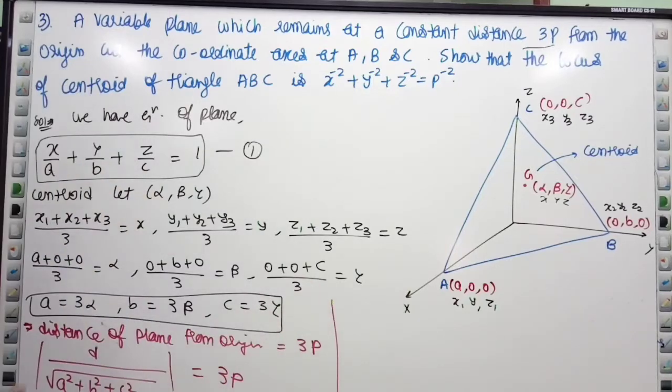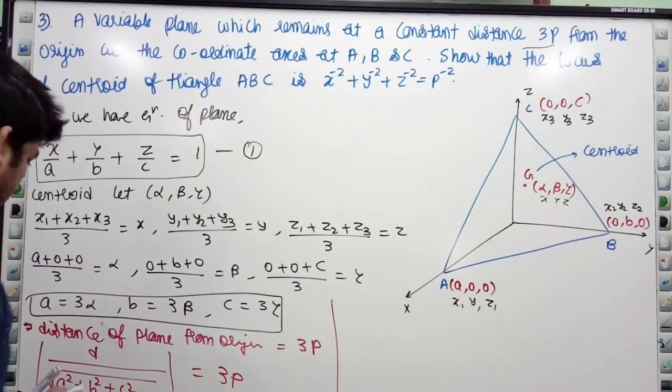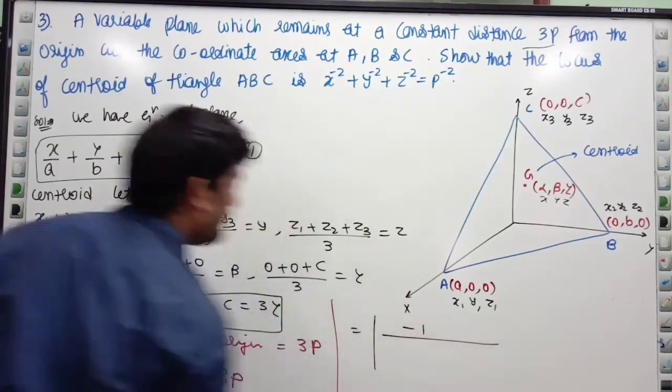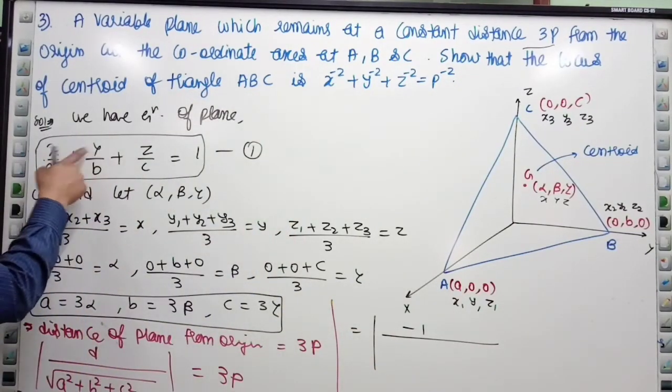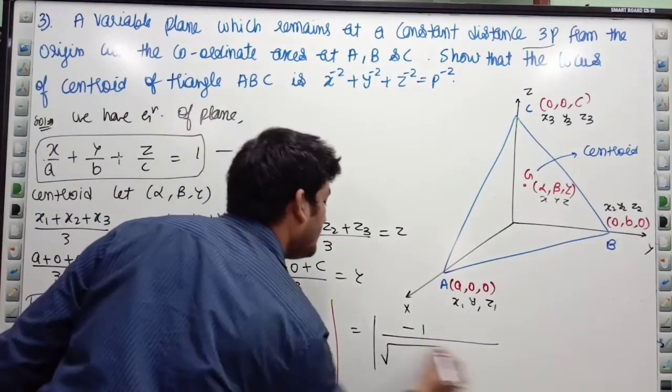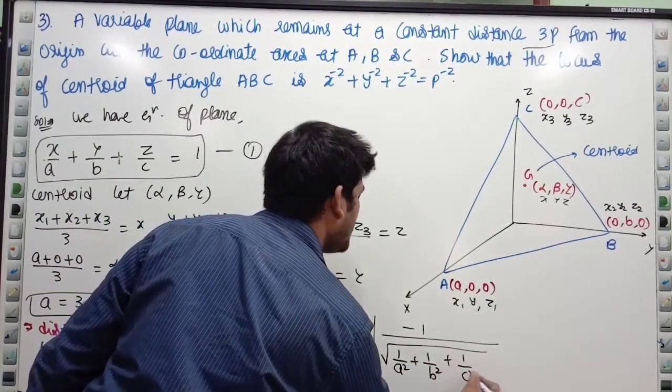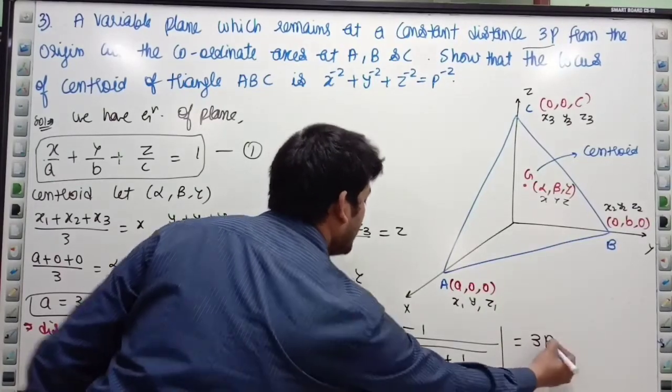So we can write here that d in this equation is -1, upon under root, x का कोफिशिएंट a, y का b, z का c, 1 by a square, 1 by b square, 1 by c square equal to 3p.